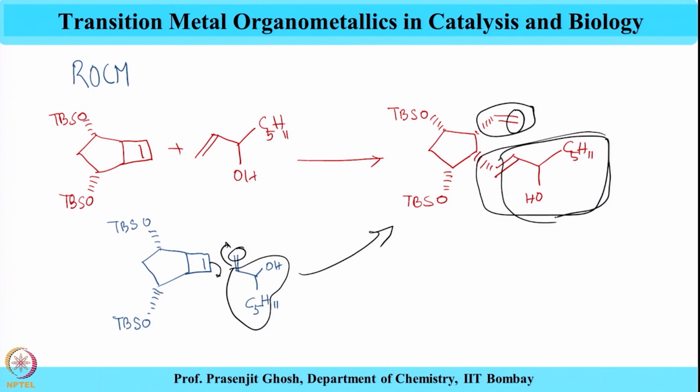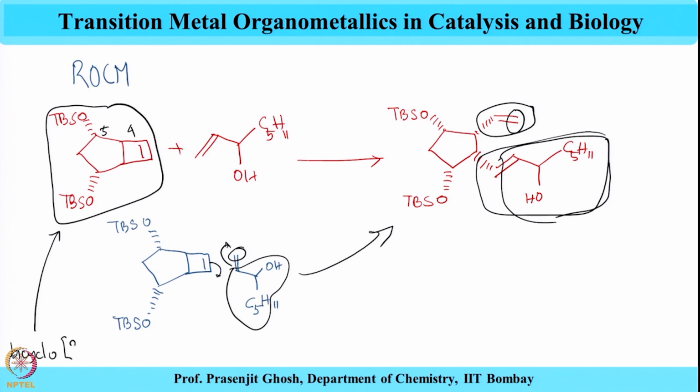And here also we see that this is a highly strained substrate where there is a 5-membered as well as a 4-membered ring, and of these the 4-membered ring, which is under severe strain, opens up to give the corresponding ring opening cross metathesis product, and this compound is called bicyclo 3.2.0 heptane.